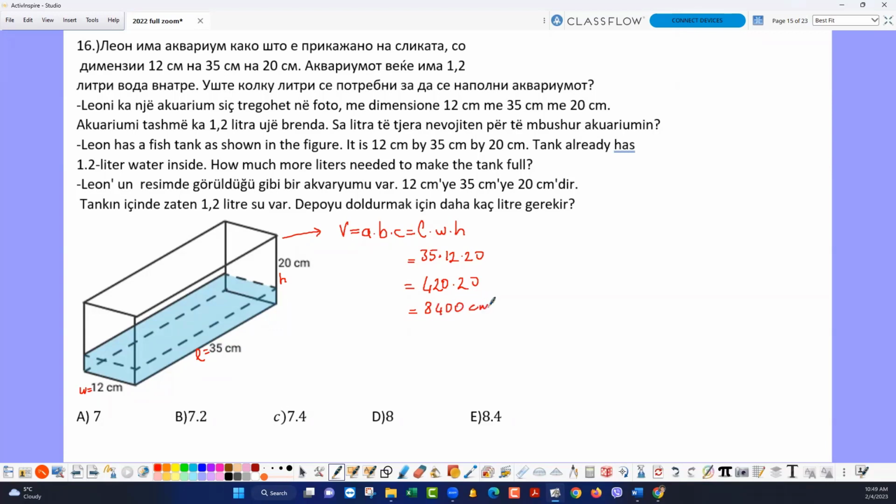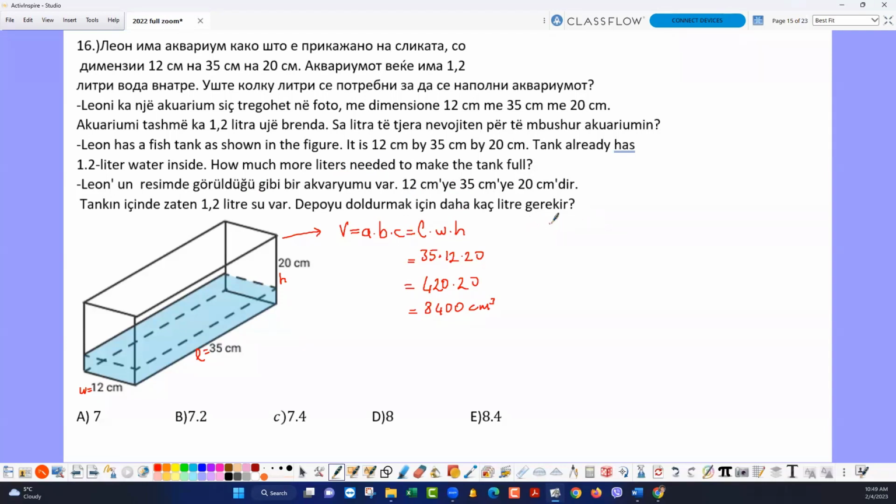This is in centimeters cubed. And as I said, there is a conversion in this question, because in the tank we have 1.2 liters. We should convert to liters, since the question asks how many more liters we need.